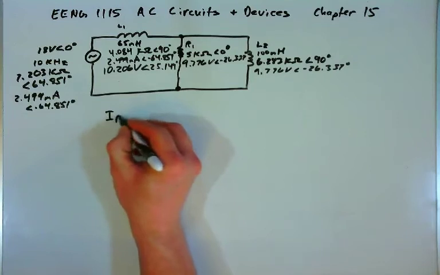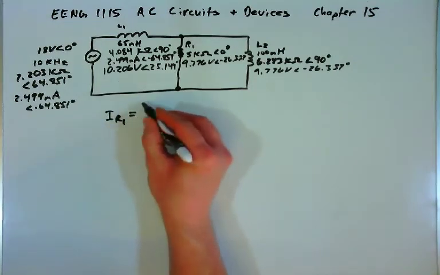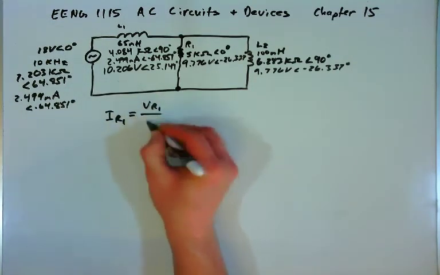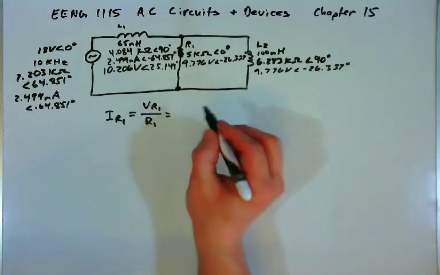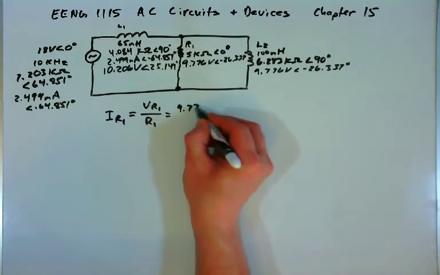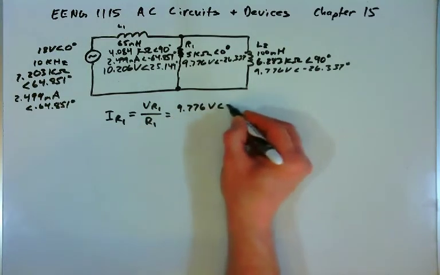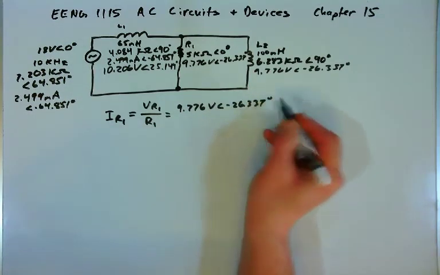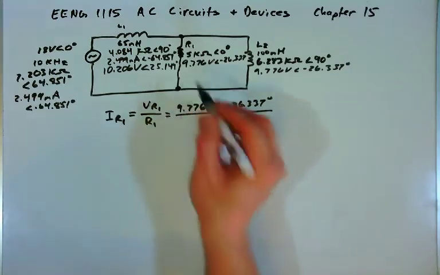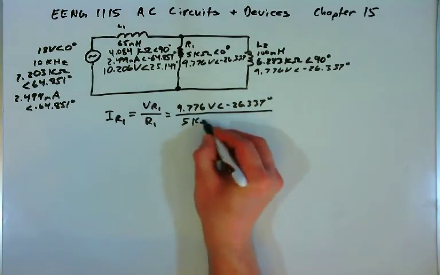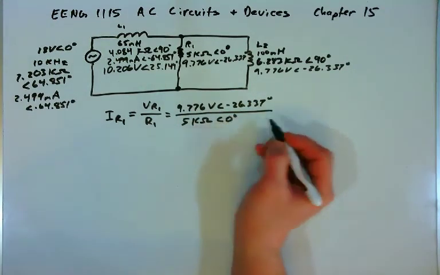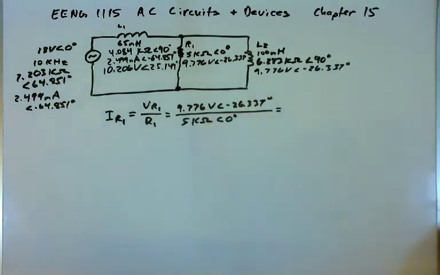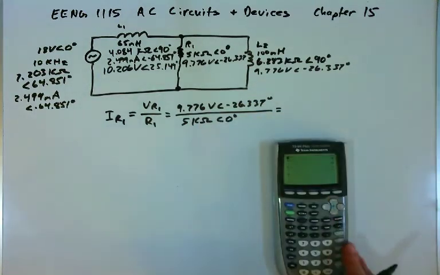Now that we know the voltage drops on R1 and L2, we can find the currents there. And so the current through R1 will be the voltage drop across R1 divided by the resistance R1. And so we have 9.776 volts at an angle of negative 26.337 degrees. And we'll be dividing by the resistance, 5 kilo ohms, at an angle of 0 degrees. And so we just divide the magnitudes and subtract the angles.